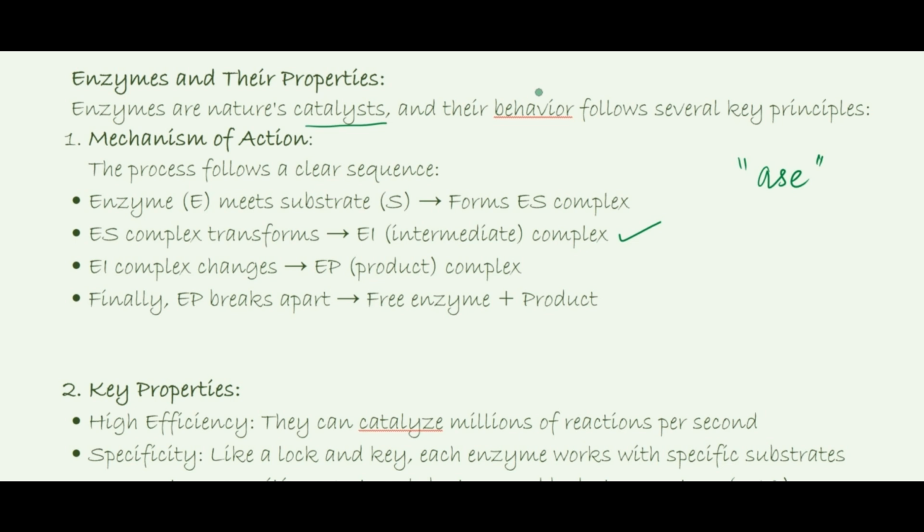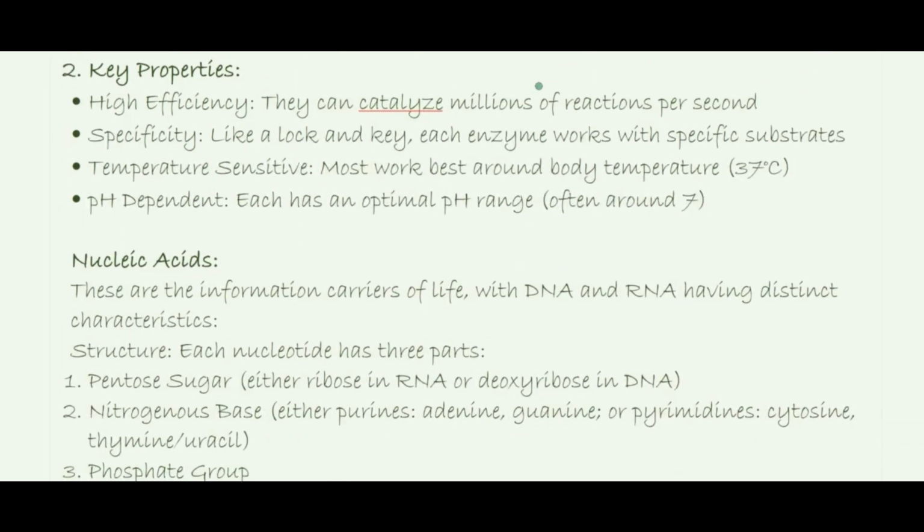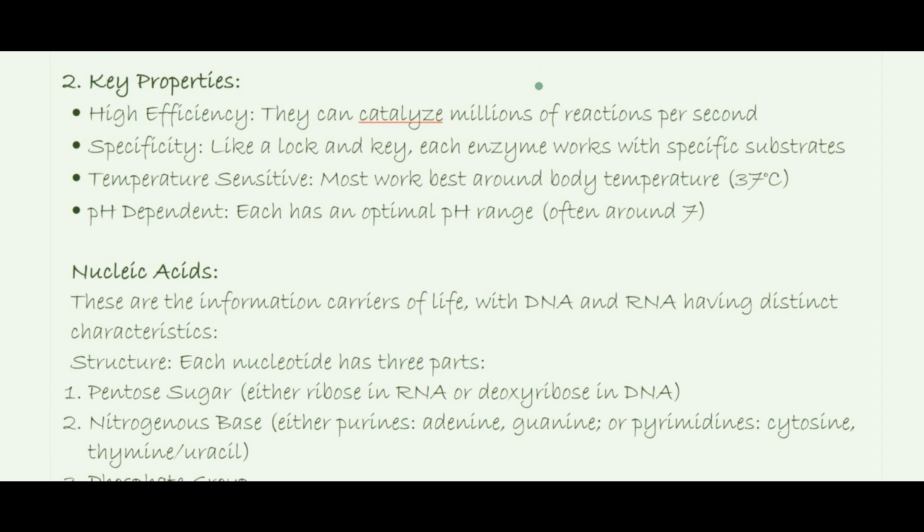Enzymes are needed in very small amounts, and they are highly specific. That is, they catalyze a particular reaction only. They can't catalyze everything. It's like a particular species. It's more selective, and also very efficient. It can catalyze many millions of reactions per second.